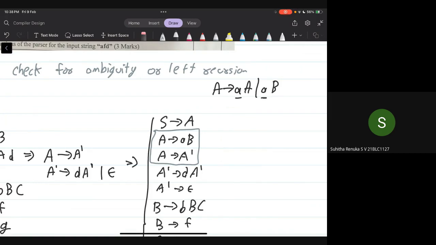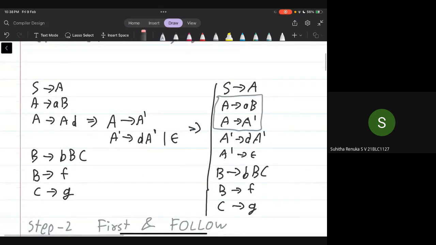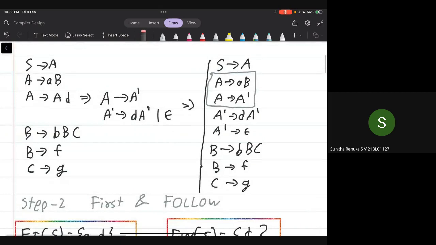So you will write it as A goes to A dash and A dash goes to A or B. You basically take out the common and have it differently. This is A dash. This is ambiguity. That's fine. Ambiguity they won't ask normally.